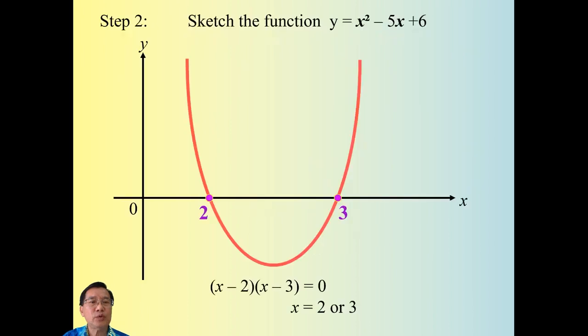Then step 2, the graph is sketched. Since the coefficient of x squared is positive 1, this quadratic function has a minimum point. It cuts the x-axis at x equals 2 or x equals 3.